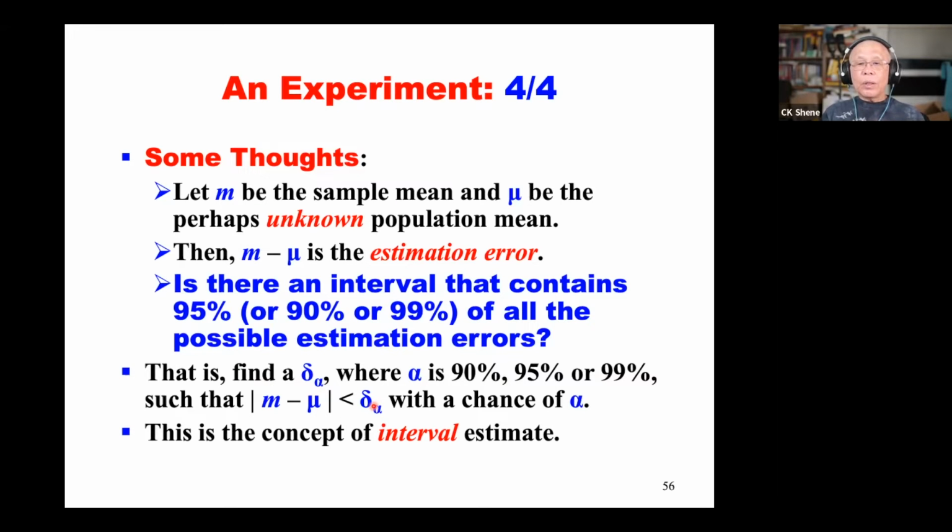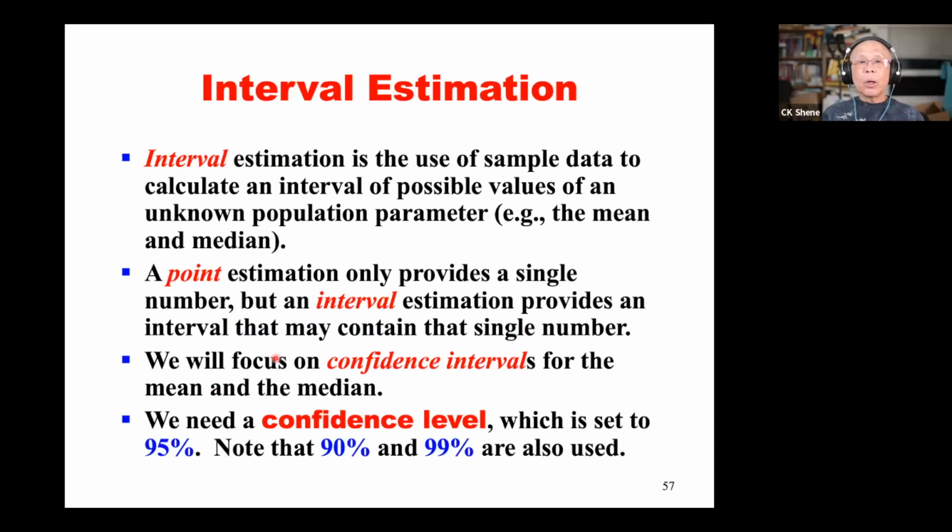So this is the concept of interval estimate. In other words, unlike point estimate, for interval estimate we want to find an interval that can contain 95% of all possible estimation errors. So this is the definition.